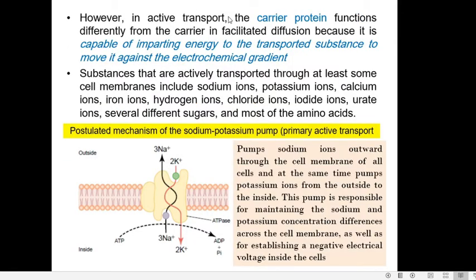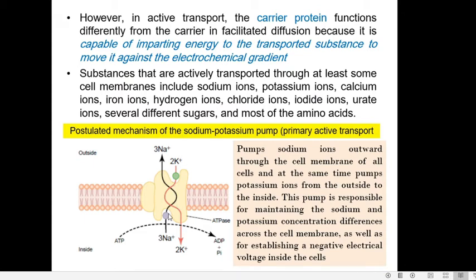And what difference is there between the carrier protein involved in active transport and facilitated diffusion? The carrier protein in active transport, say for example the sodium potassium pump, is capable of imparting energy to the transported substance.